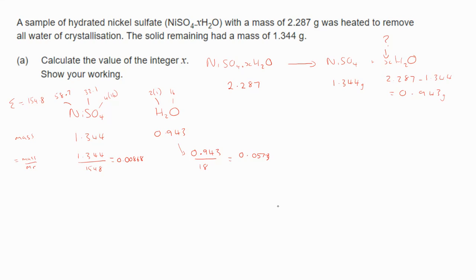Right, so now I divide that by the smallest number, so the smallest number is that. So now I'm dividing by the smallest number. That's going to be my 0.0573 divided by 0.00868, and when I stick that into my calculator, it gives me 6.